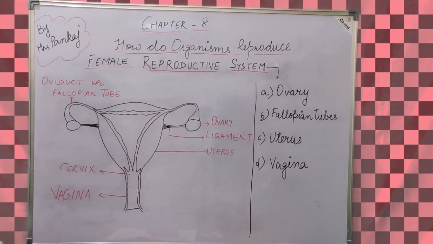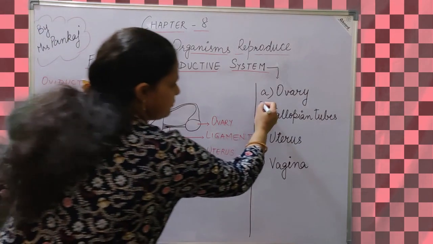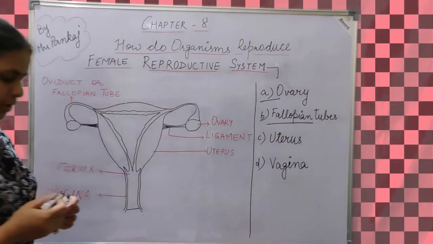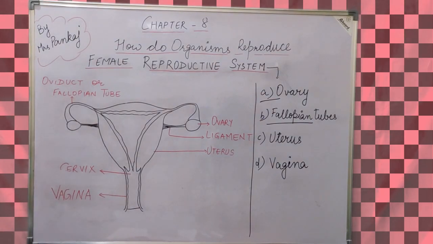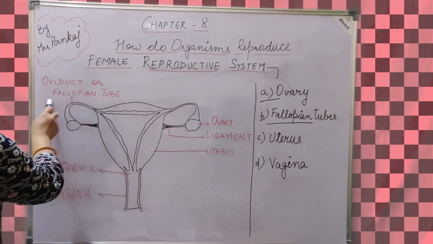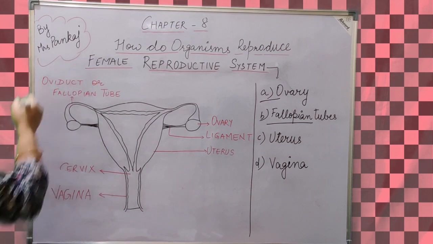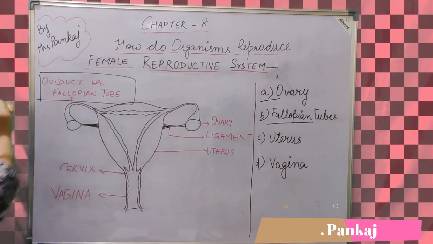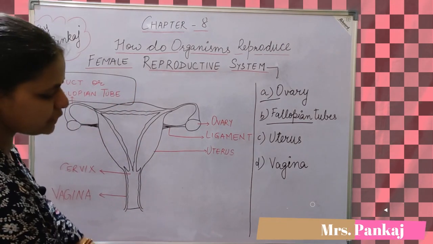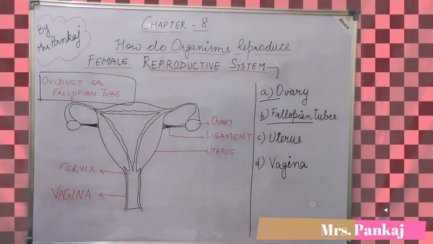Fine. Now the second thing, after ovary we have a pair of fallopian tubes. What do they do? See, it is being labeled over here, fallopian tubes, or you can say oviduct. What is the function of this fallopian tube?